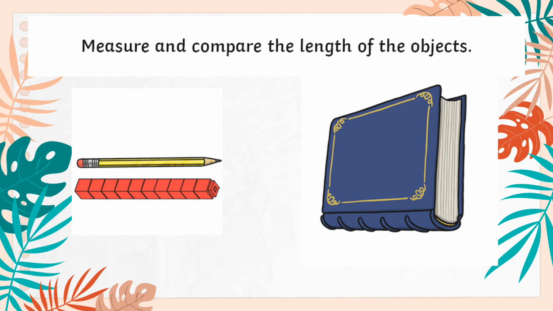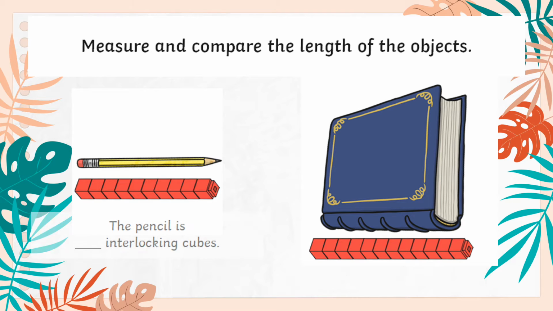So we interlocked cubes together until we made a line as long as the pencil. Similarly, we interlocked some cubes together till we reached the length of the book. Now we are going to count the number of cubes that we have here. So let's count with me.